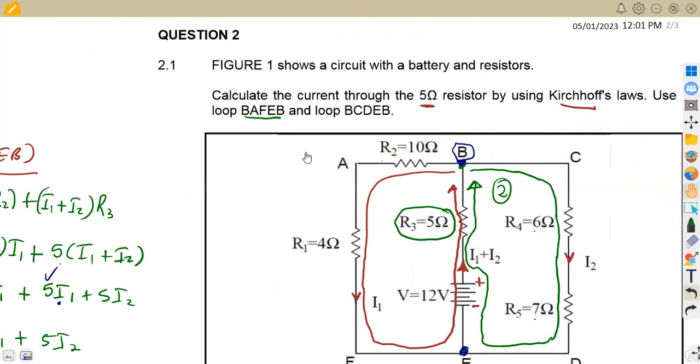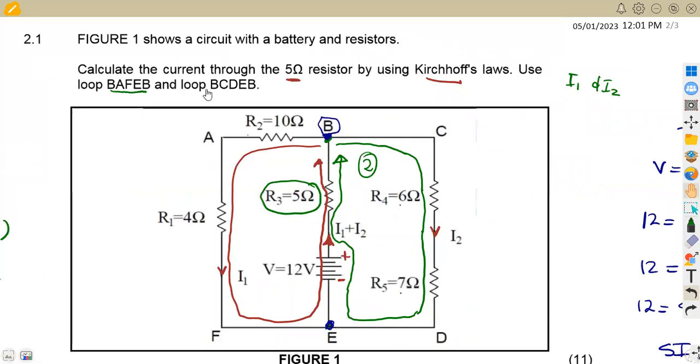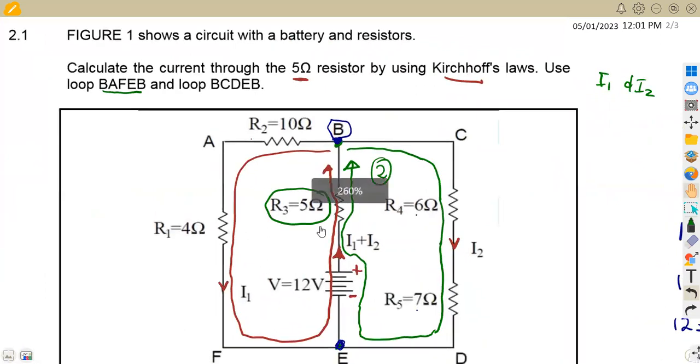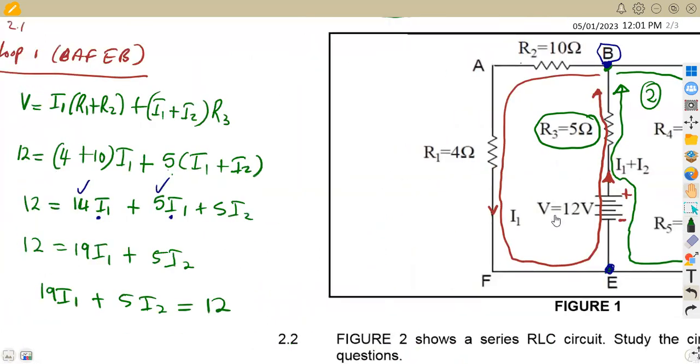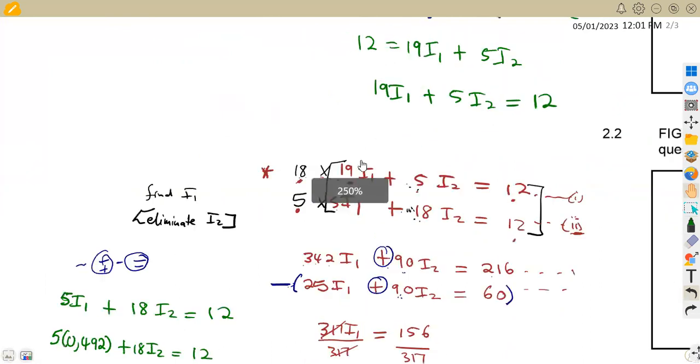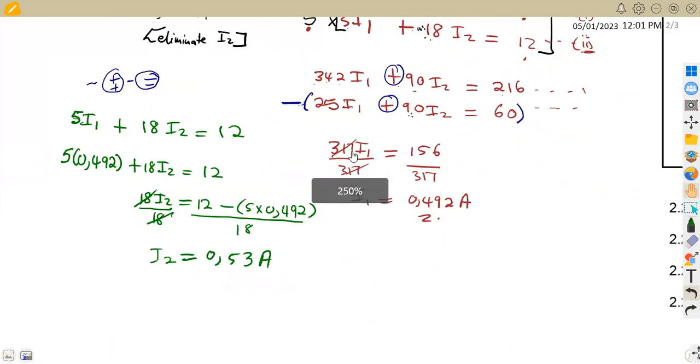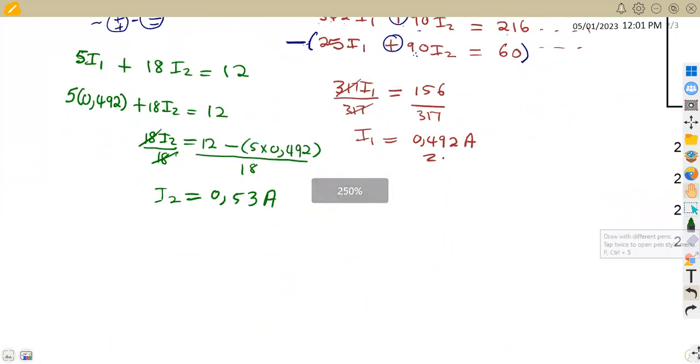The question here was to calculate the current through the 5 ohm resistor, and you said through the 5 ohm resistor, the current that is flowing is I1 plus I2. So we are going to have this sum of currents now, that is the current through the 5 ohm resistor.